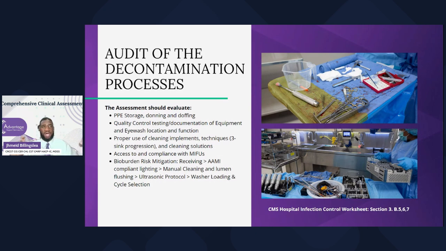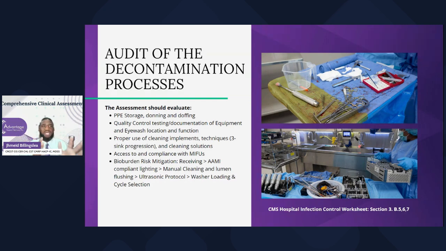Here's a big one: bioburden risk mitigation, right? And you can get a bioburden risk mitigation audit from several companies. I think that I know one company that does the best. But the important thing is there's more to bioburden than just point of use treatment or boring scopes or scrubbing really hard.